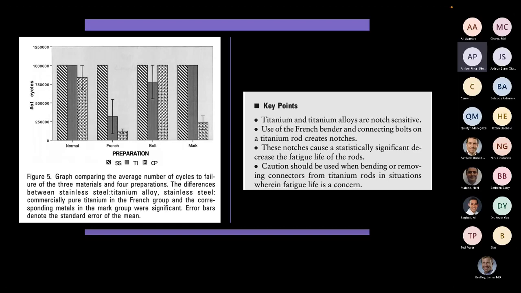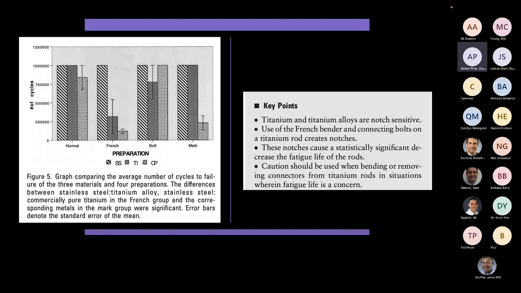And the titanium alloys and the commercially pure titanium are very sensitive to notch formation. And so when you use French benders or connecting bolts, that can create notches in the titanium. And this will ultimately decrease the fatigue life of the rods.